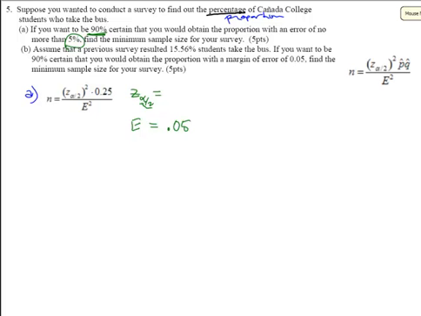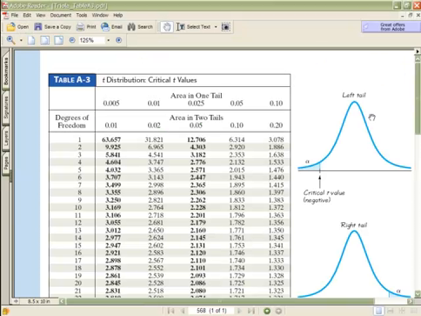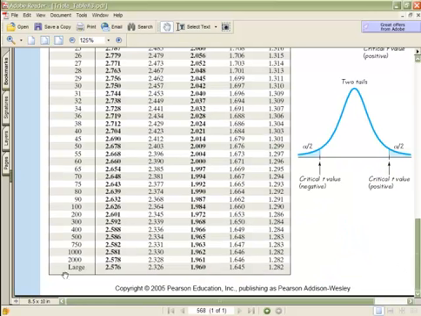One way is to use a table, and you can use table A2, but I'd like to show you using table A3. Now I know A3 says it's a t distribution critical value, but the values all the way in the bottom of this t where it says large give exact values for the z distribution, and so that's what we're going to use.